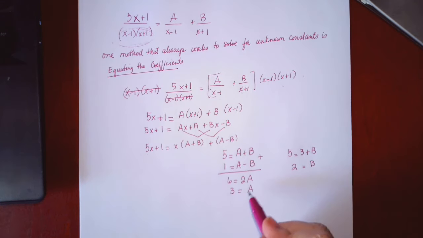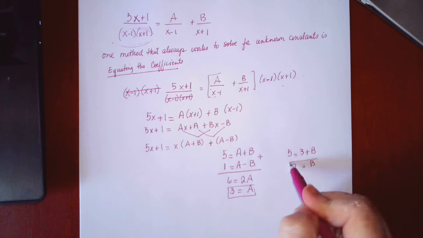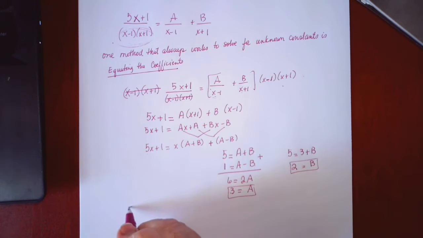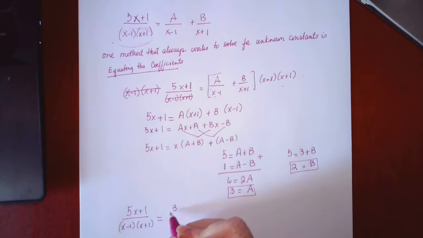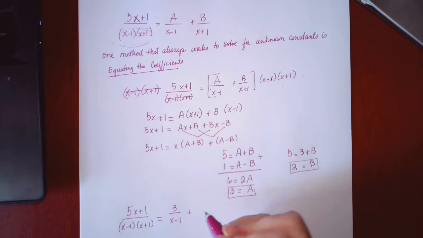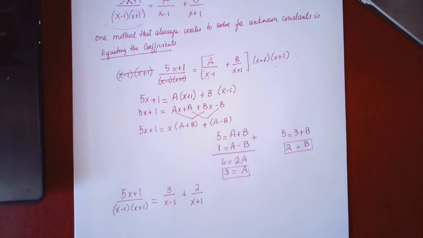So if I take this value for a and this value for b, I can rewrite my original fraction. It was a over x minus 1, which would be 3 over x minus 1, plus b, which is 2 over x plus 1.